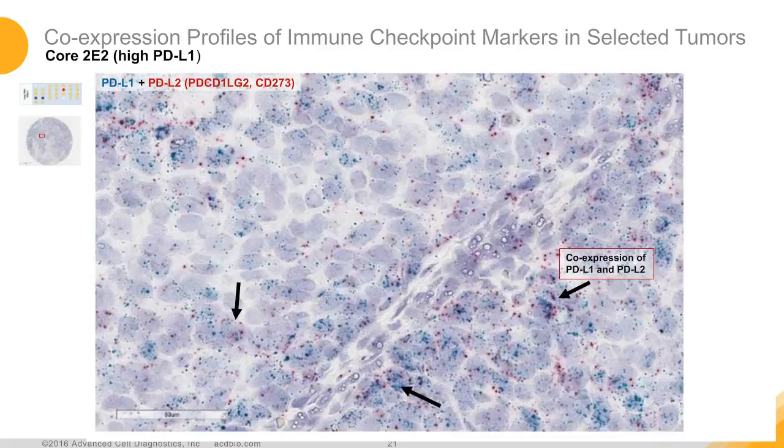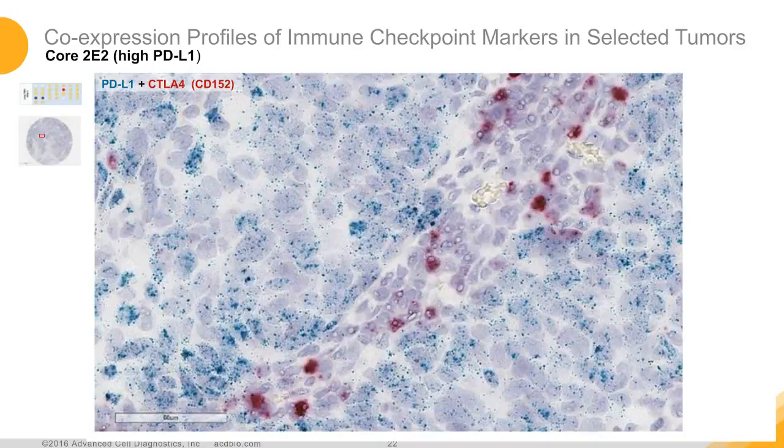Next, we show co-expression of PD-L1 and PD-L2, where we see both PD-1 ligands expressed primarily in tumor cells. Here, we have co-expression of PD-L1 with CTLA4, where we see PD-L1 expressed primarily in tumor cells and CTLA4 on lymphocytes in the stroma.